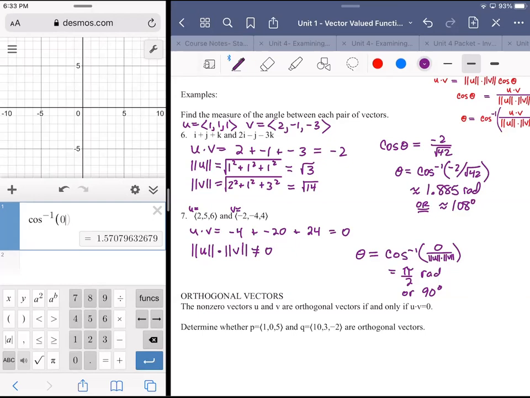So I'll show you really quickly. If I were more organized, I would be able to illustrate this stuff because I'd have all my manipulatives with me. But here's some things that are orthogonal. All right.